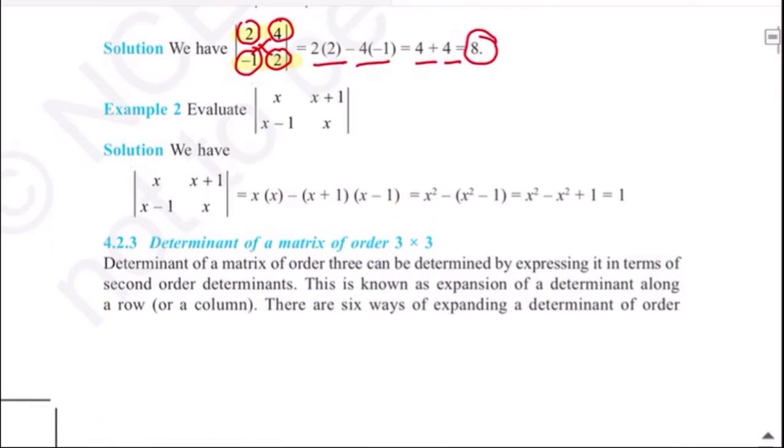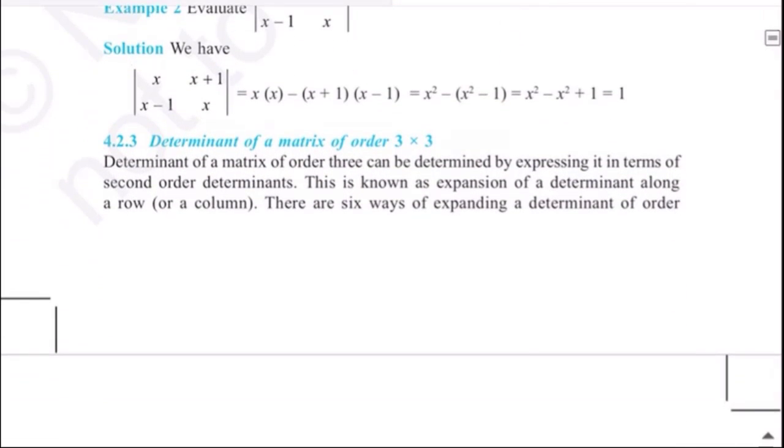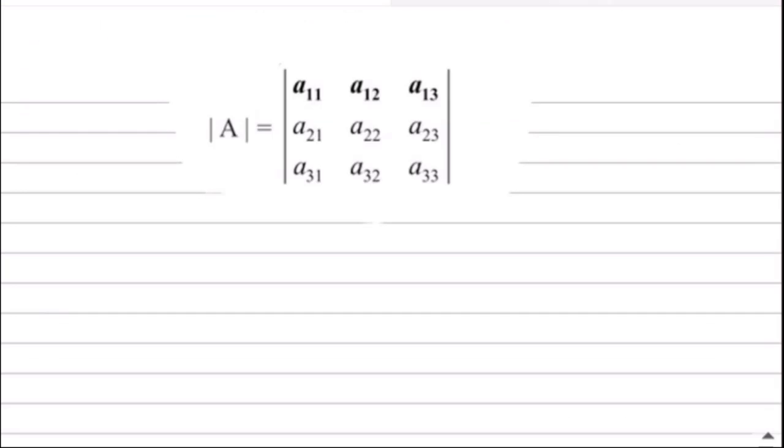Now another important thing is how to find the determinant of a matrix of order 3 by 3. So let's see. If A is any matrix of order 3 by 3, then how to find the determinant of this matrix? For this, we take the first element A11 and take the determinant obtained by deleting the first row and the first column.